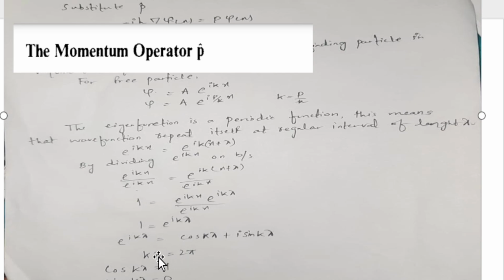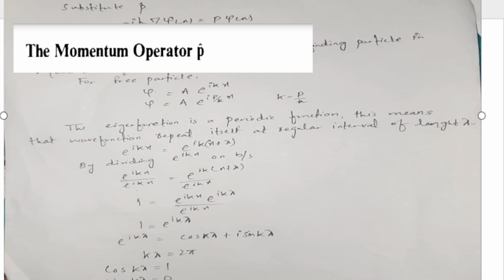So you know that k lambda should be equal to 2 pi. This is the rotation of 360 degrees. So after completing one phase you will get cos k lambda equal to 1. When you put 2 pi instead of k lambda and take cos 360 you will get 1, and sine 360 you will get 0.